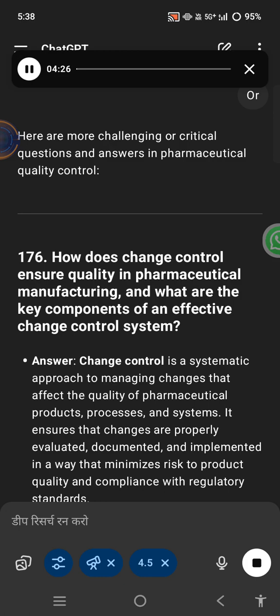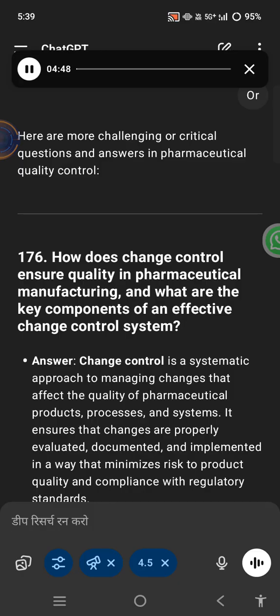Examples of PAT tools: spectroscopic techniques, e.g. near-infrared spectroscopy, NIR, chemometric modeling, inline process analyzers. Key benefits: real-time data for quality control, enhanced process flexibility, higher product yield, and fewer process interruptions.